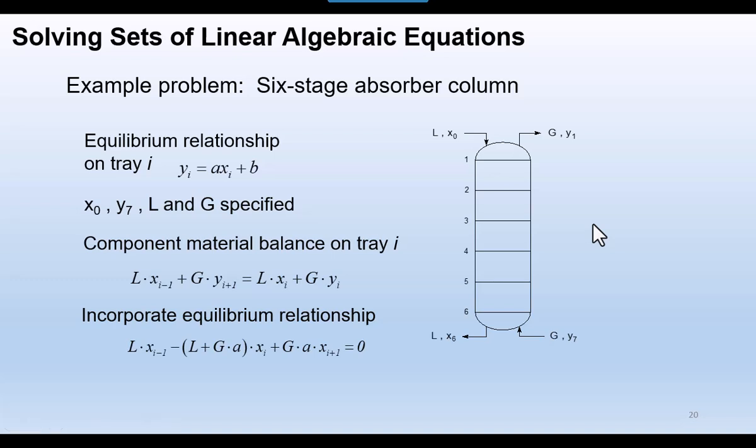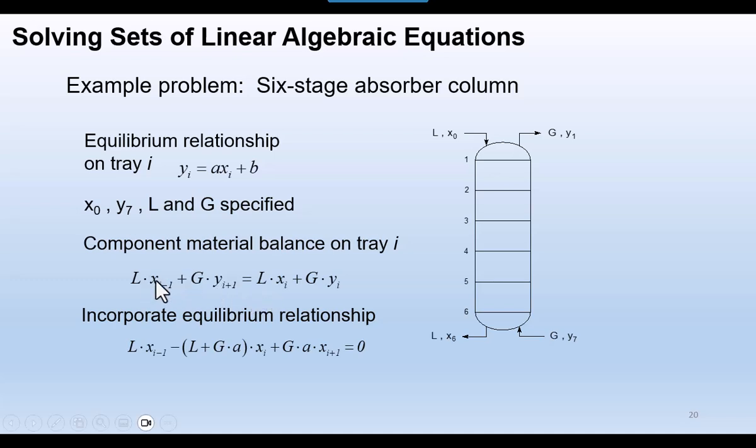So as we do this, we have a component balance that we write for each one of the trays, which essentially shows the L i x i and G y i plus 1, all right?